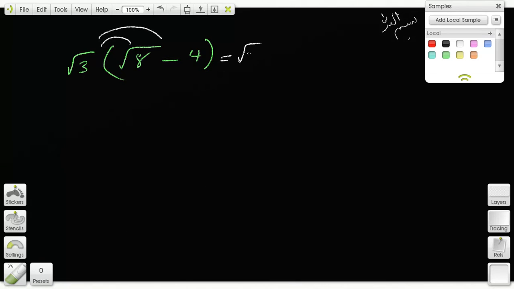Yeah, square root of 24. Very good. He did it in 2 steps. Square root of 3 times square root of 8, and he put them in the same umbrella. It's 24, right? Square root of 24, minus 4 times square root of 3. You're distributing. Does that make sense?